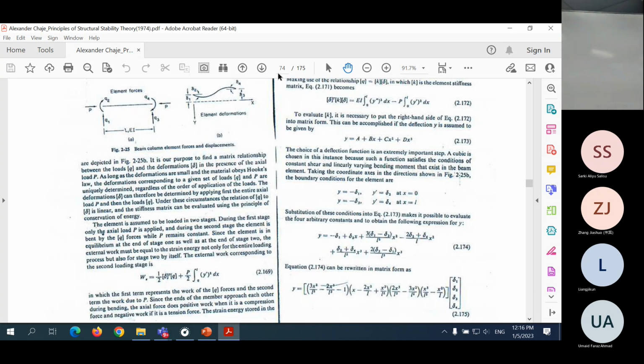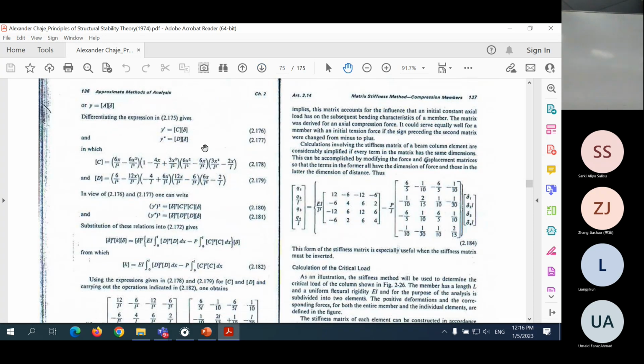Another important thing is how to turn this side into something like what is given here. It is shown here, y prime, y double prime, and this is the content of C and D. Because y prime is C delta, y double prime is D delta, and y prime square can be written as delta transpose C transpose multiplied with C delta.